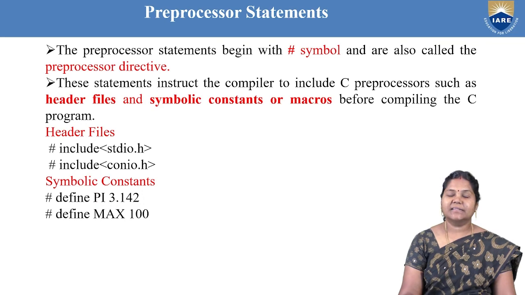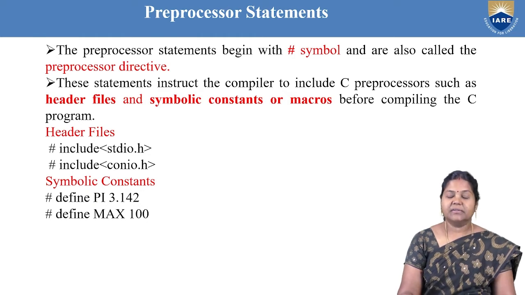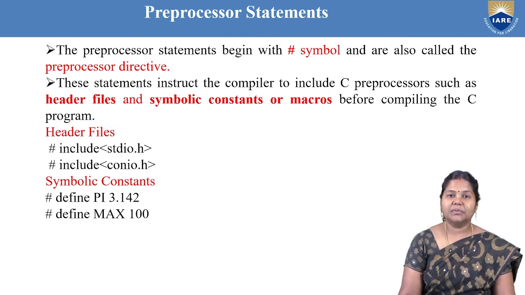Then the second section is called the preprocessor directives. Preprocessor directives begin with the symbol hash, and these are processed by the preprocessor before the compiler compiles the program. To distinguish that it is not compiled, the statement starts with the symbol hash. The statements which instruct the preprocessor, that is your header files, various symbolic constants, and various macros, you can write as part of your preprocessor directives.